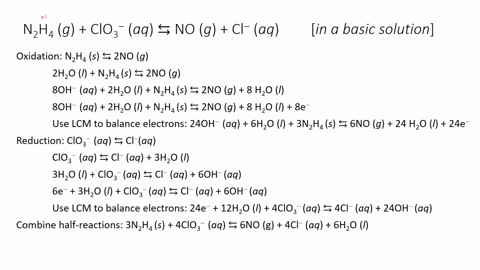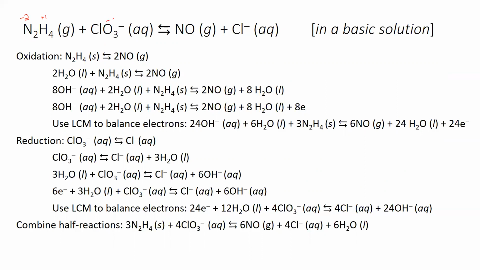Between hydrogen and nitrogen, hydrogens will be +1. +1 times 4 gives you a total of +4, which means nitrogen must be negative. The two nitrogens have to account for a -4 charge for this neutral compound, so each nitrogen has an oxidation number of -2.